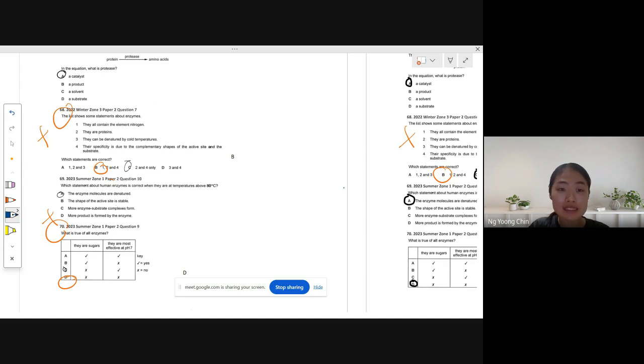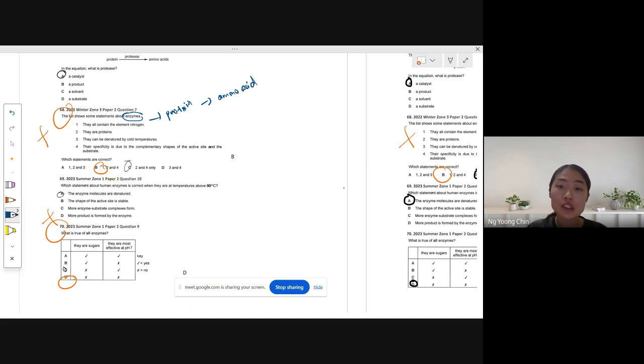We all know that an enzyme is a protein, right? And proteins are made from amino acids. So how does an amino acid look?